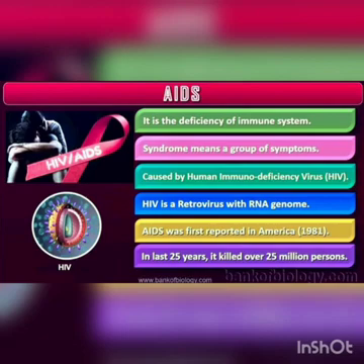Now, if we talk about AIDS, AIDS itself does not create any symptom. The main motive of AIDS is to destroy the immune system, so that a simple common cold can become pneumonia.